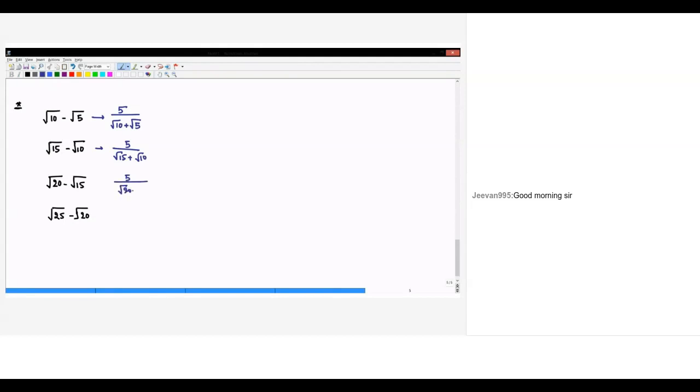Then root of 20 plus root of 15. The fraction with the lower denominator is the highest. It is the greatest.